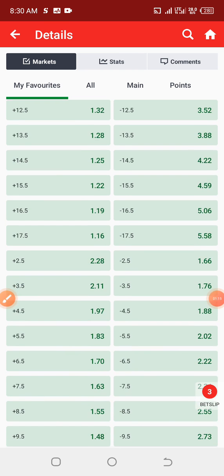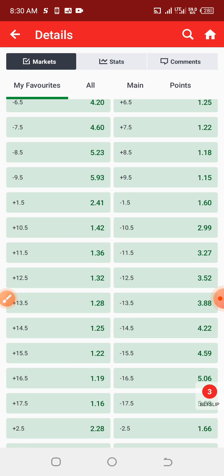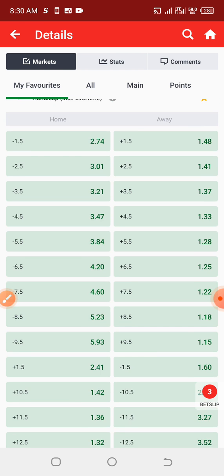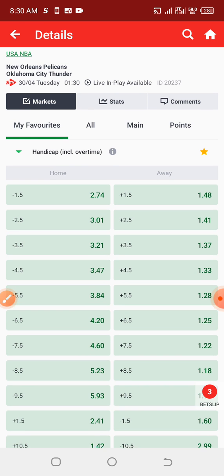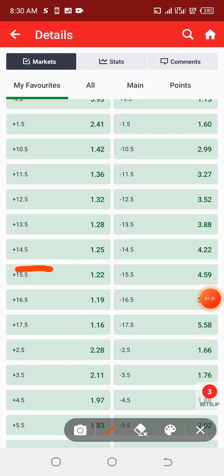It is very long as you are seeing on the screen, but on some leagues, because these bookmakers know what they are doing, they won't offer elaborate markets like this under handicap most times. So the plus that you guys are seeing here, if you can see plus 14, which is 1.25, it means that you are giving the home team an additional 14 points and the away team must not beat the home team exceeding these total points.